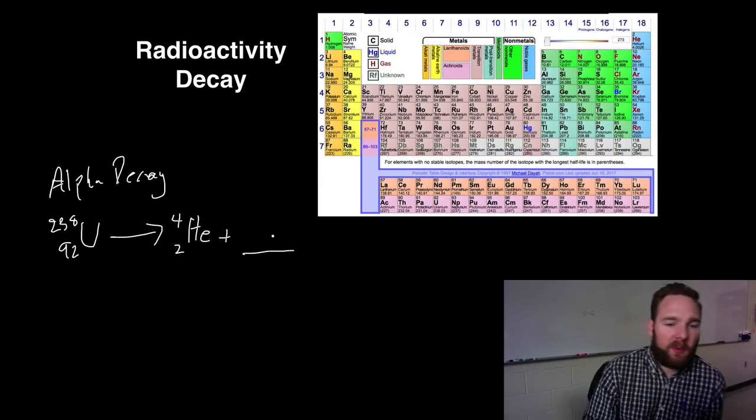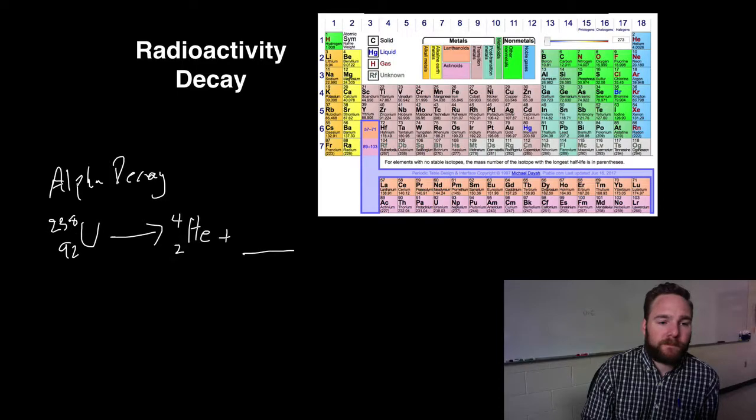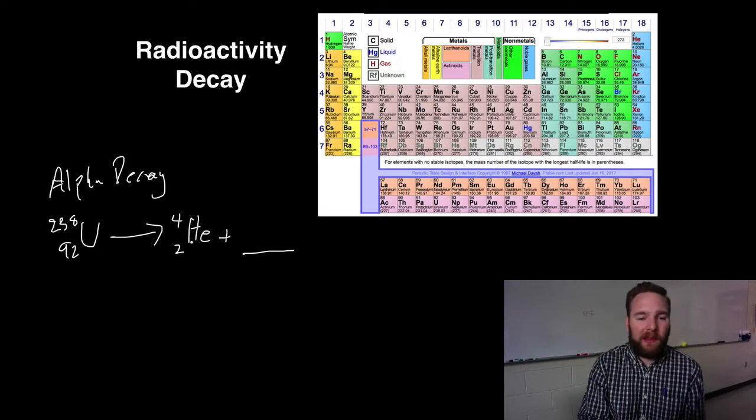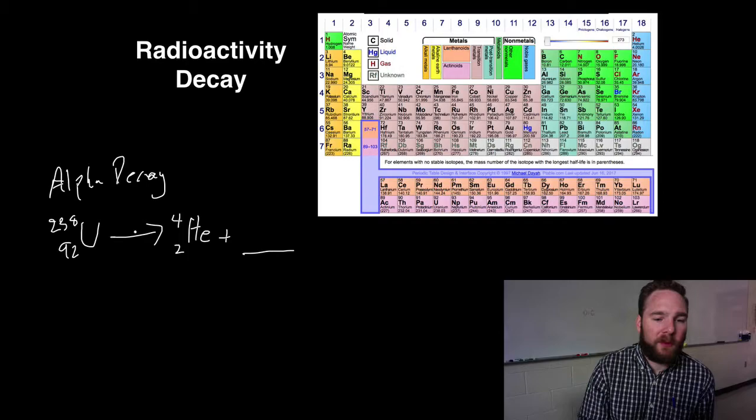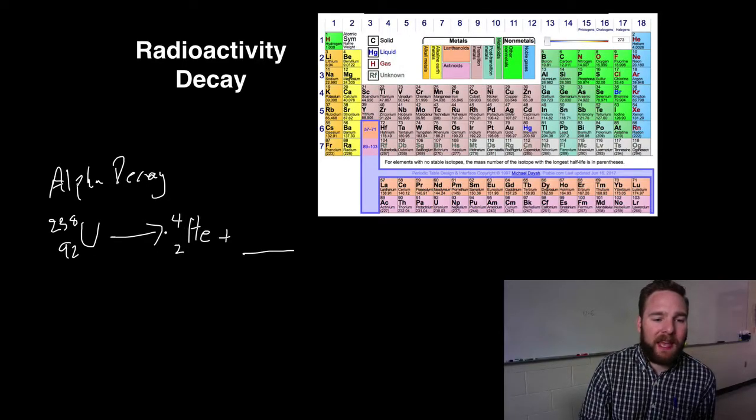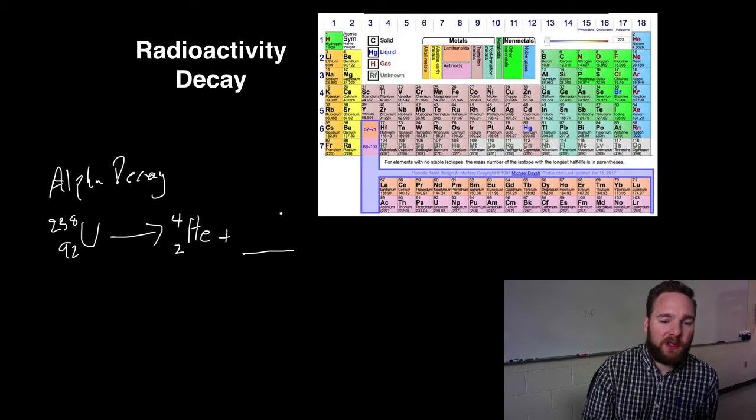So a few things that we need to do. We need to make sure that these numbers all add up together. So if we have a helium nucleus taken away from uranium, think about what's happening. We have 2 protons taken away, so 92 minus 2 is going to be 90.